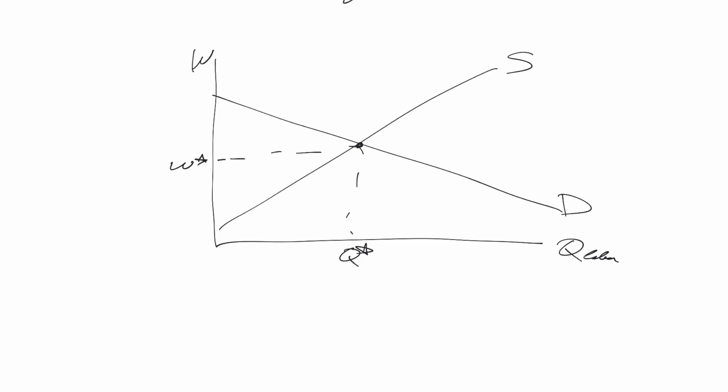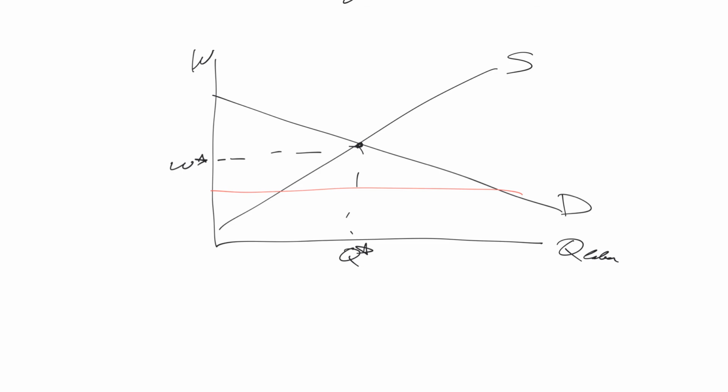Now, when we talk about minimum wages causing structural unemployment, we're talking about a binding minimum wage, meaning the minimum wage is above equilibrium. Okay, if a minimum wage is down here, what is that going to do? Well, the market's going to give you this wage. If the minimum's below the market wage, it's as if it doesn't exist, right?